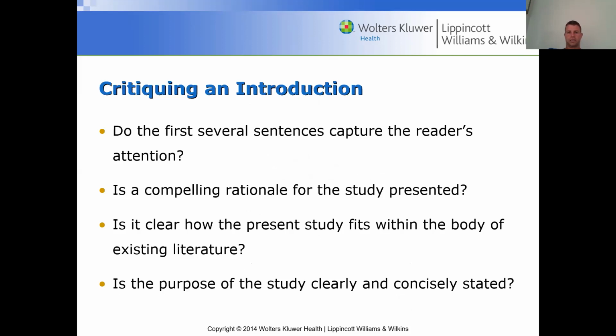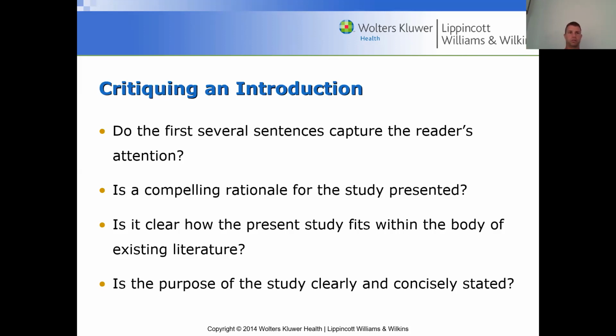So, critiquing an introduction. Do the first several sentences capture the reader's attention? And again, you've got to be understanding with this. When I'm reading research, I'm reading stuff in my profession. I'm a nerd, so to speak, in that profession. So if I was going to write something, I'm writing it for people like me who are going to read it.